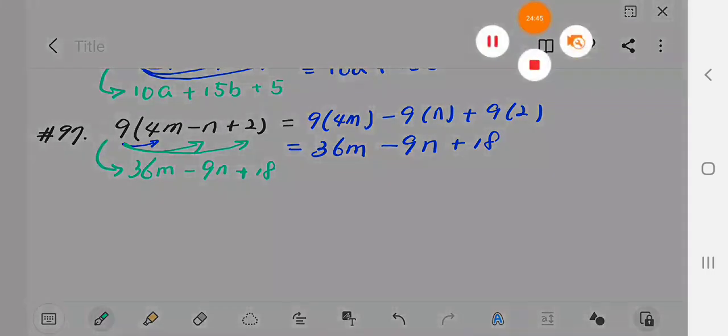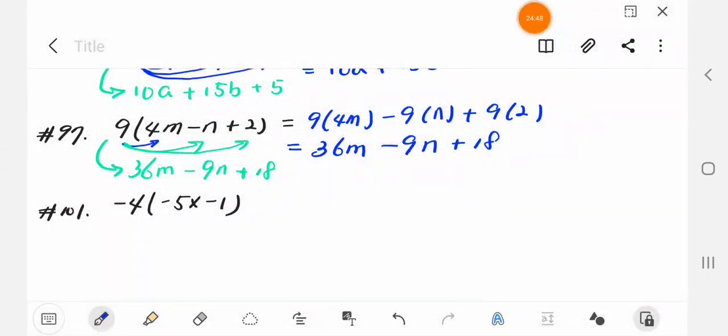Alright. Okay, number 101. Let's multiply negative 5x and negative 1 by negative 4. So negative 4 times negative 5x minus, this is minus, right? So negative 4 times 1. Then negative times negative is positive.